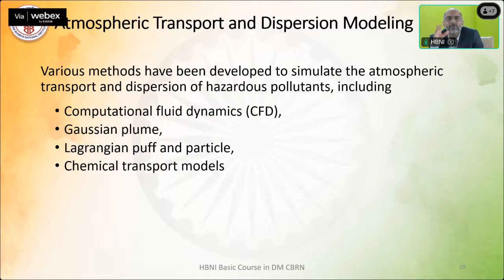Then you have the Gaussian plume. Then you have the Lagrangian puff and particle models. And you also have chemical transport models. So broadly, these are the four modeling methods that can be used for modeling transport or dispersion of hazardous pollutants.